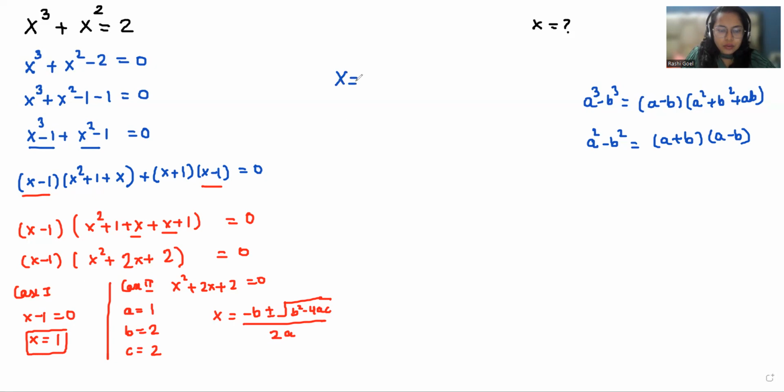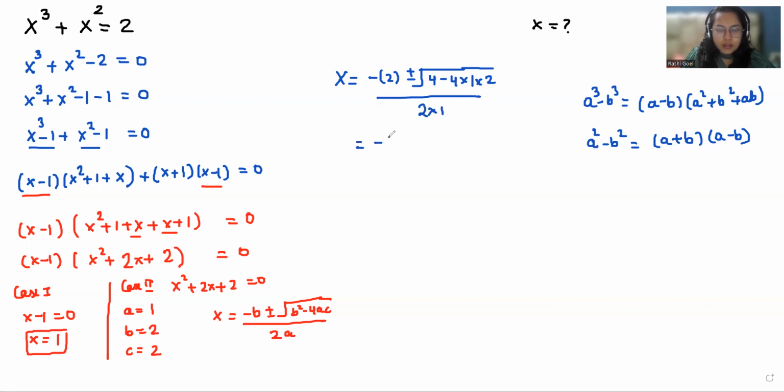x is equal to minus 2 plus minus under root b square, which is 2 square, that is 4, minus 4 into a is 1 and c is 2, divided by 2a, that is 2 into 1.